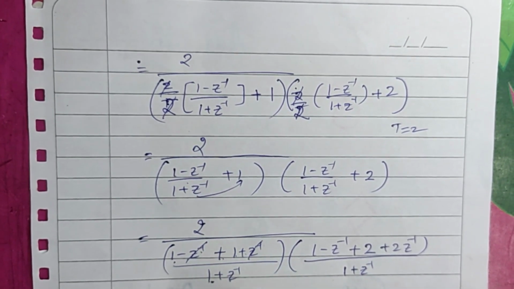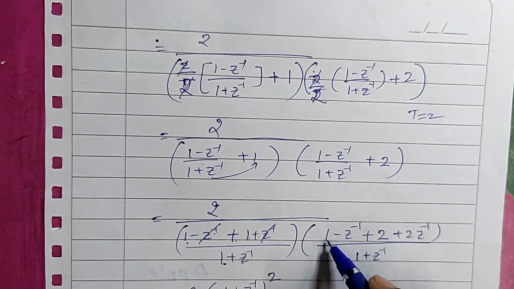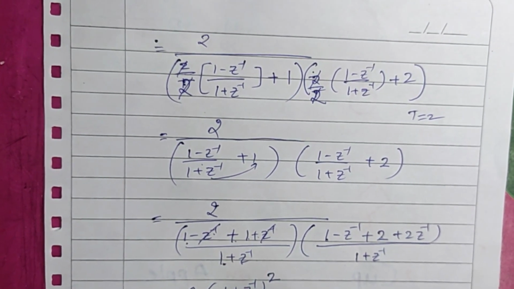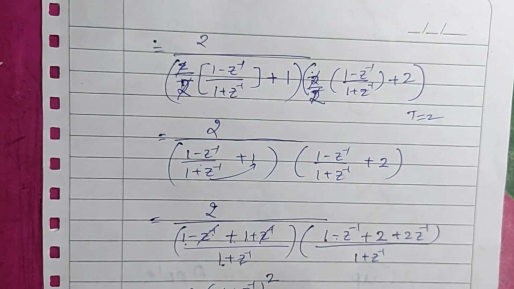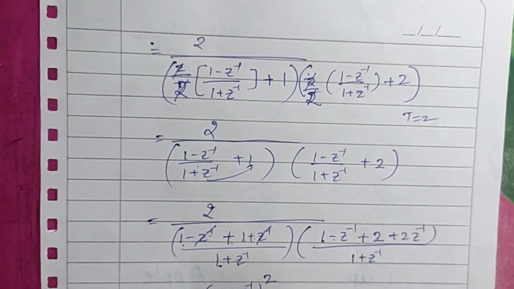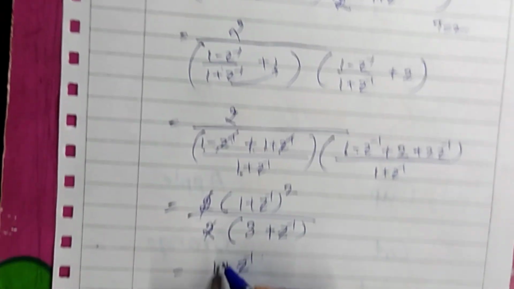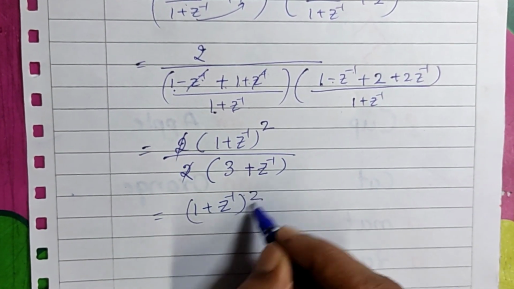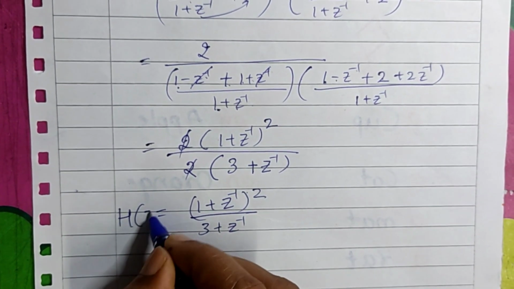So this gets cancelled, right? Which remains only 2 into, in this case 1 plus 2, which is 3, minus z raised to minus 1 plus 2z raised to minus 1, which is plus z raised to minus 1. Okay, the 2 gets cancelled. So we can write (1 plus z raised to minus 1) whole square divided by (3 plus z raised to minus 1), which is H of z.